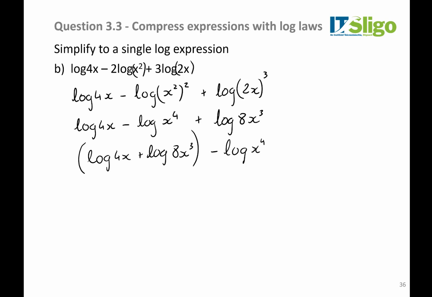Just makes life easier in the long run. So this becomes 4x by 8x cubed. So just this bit becomes the log of 32, x to the power of 4. And now this is waiting here for his turn.